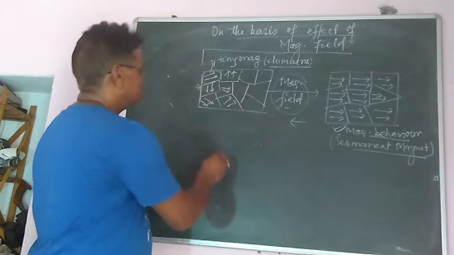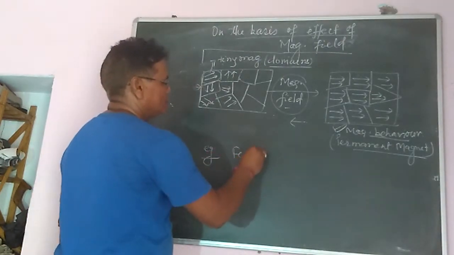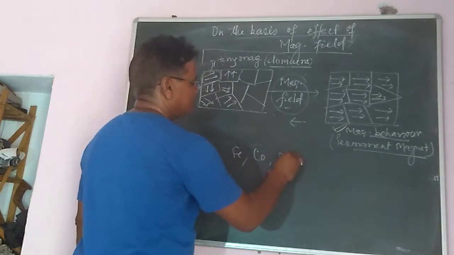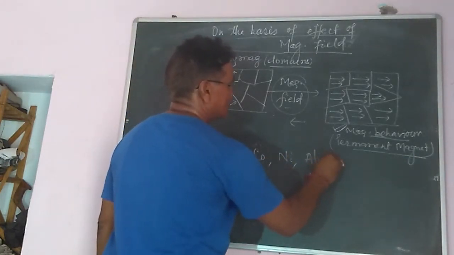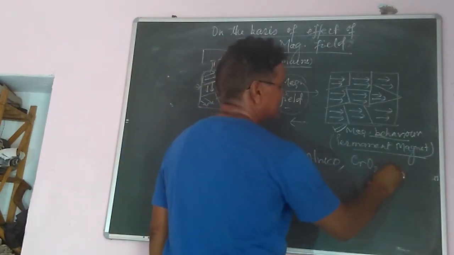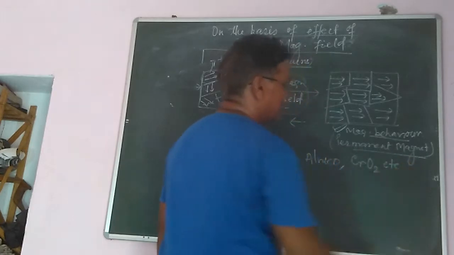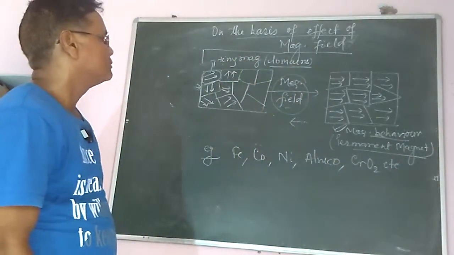As for example, iron, cobalt, nickel and alloys like alnico, now chromium oxide, etc. These are the ferromagnetic substances.